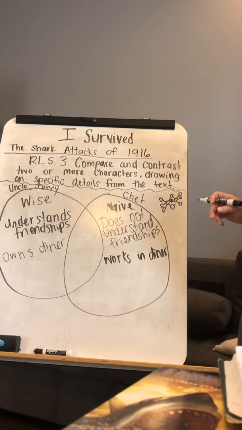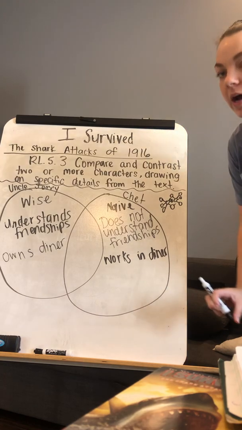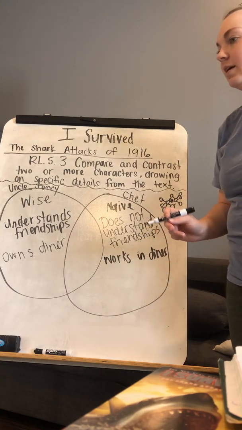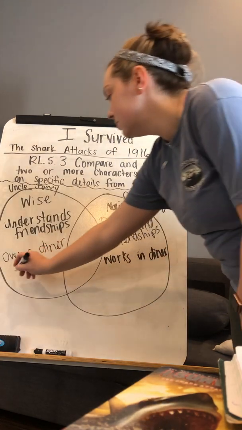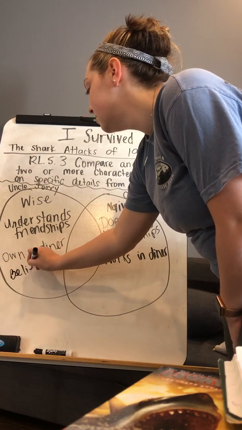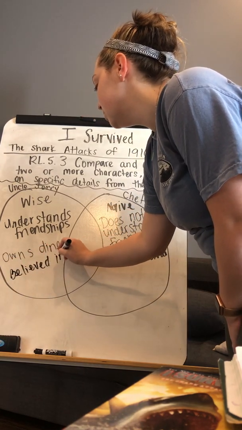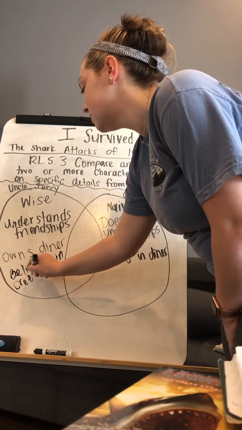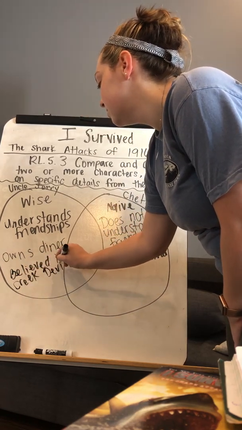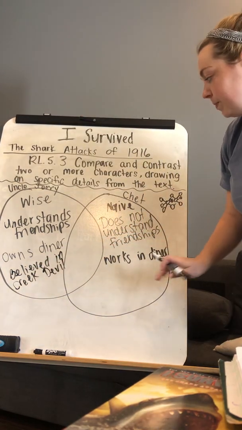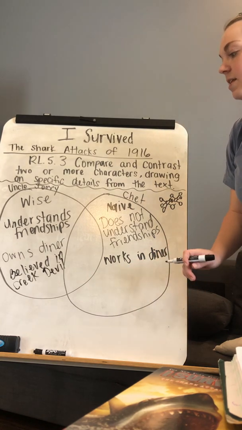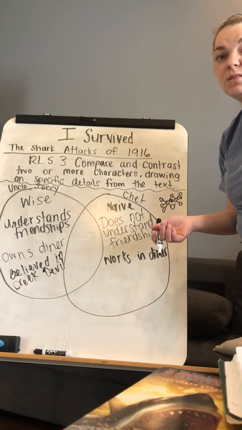What about the Creek Devil? We talked about how Uncle Jerry believed in the Creek Devil when he was a little boy. He didn't necessarily believe in it now as an adult, but he did when he was a little boy. What about Chet? Does he believe that the shark attacks are real?